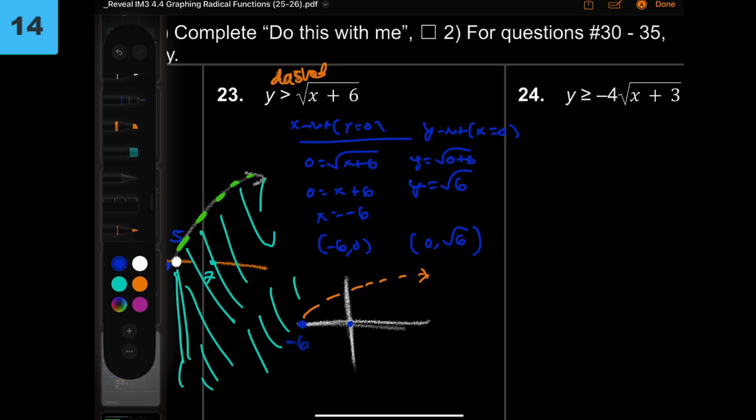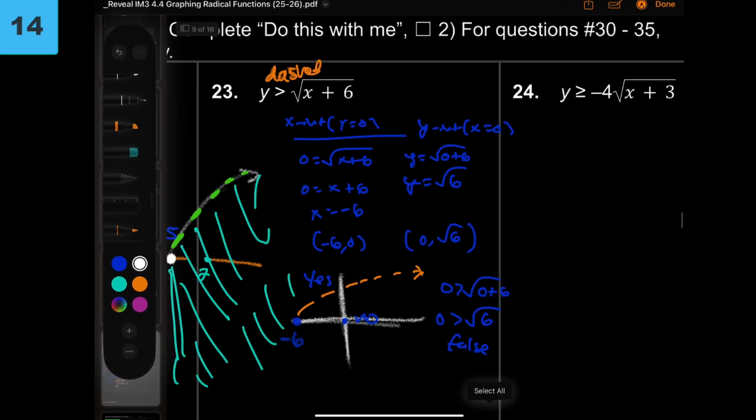Let's try 0. Is 0 bigger than the square root of 6? This would be false. So no over here, that means yes over here. So you're shading this region above.